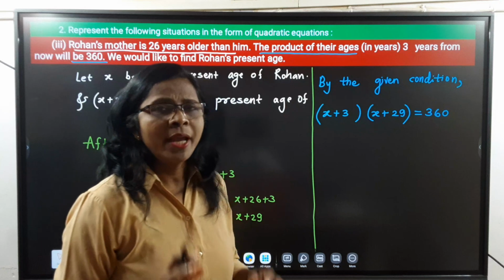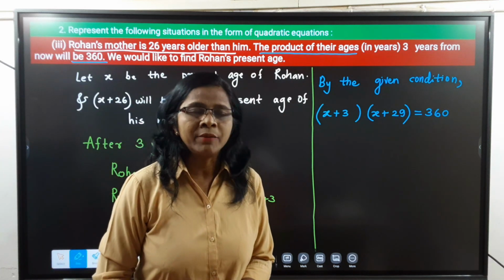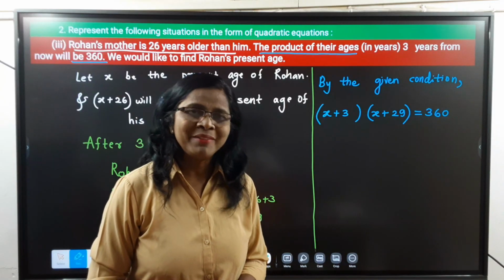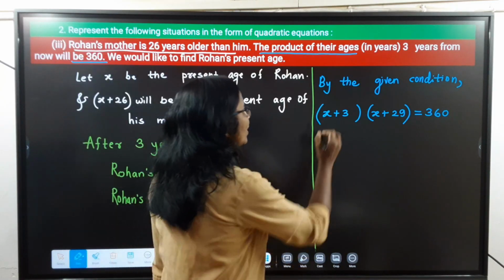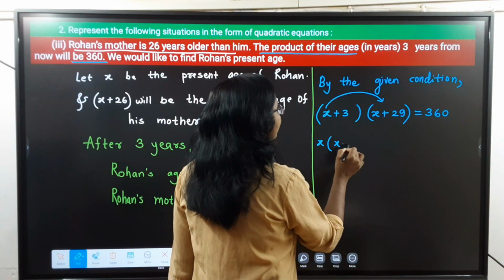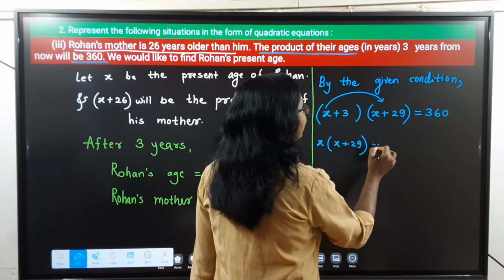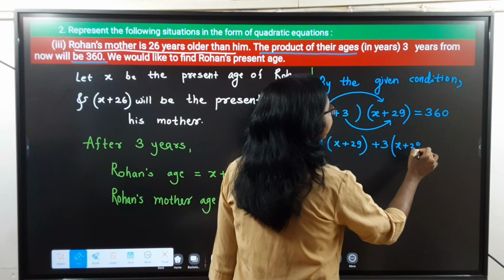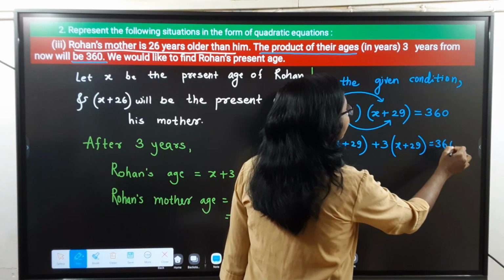Now we have formed the quadratic equation, but it should be in its simplest form. So we simplify. We multiply x by x plus 29, plus 3 multiplied by x plus 29, is equal to 360.